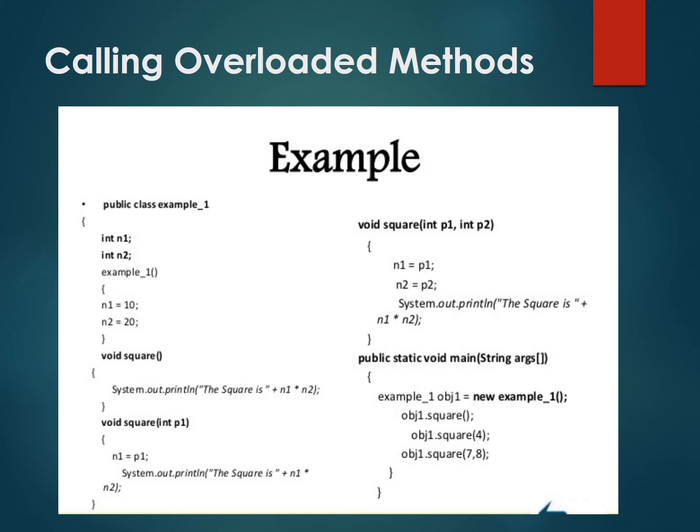Just after that, obj1.square(7, 8). Here the actual parameter list contains two parameters and therefore it will transfer the control to the third square method, that is int p1, int p2. Here 7 will be mapped to p1 and 8 will be mapped onto p2.